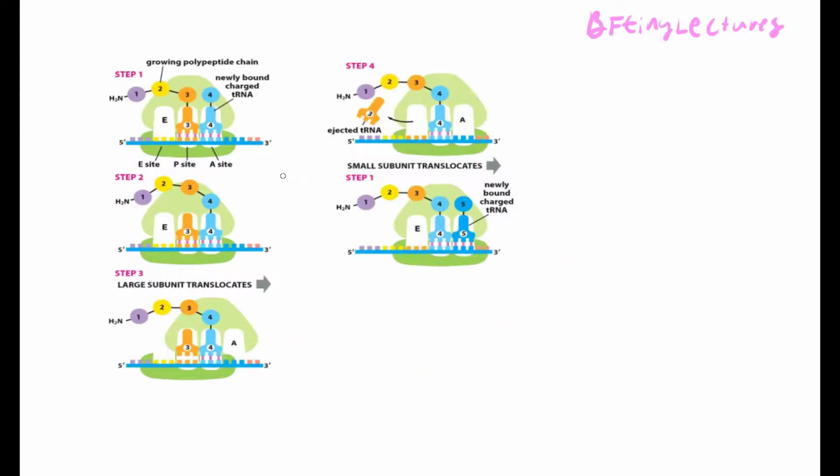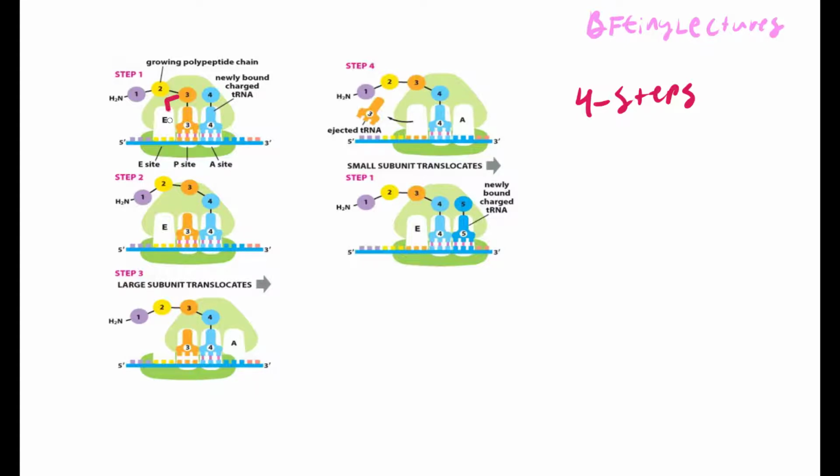And here we have the process taking place. There are about 4 steps to make an amino acid. Here we have the ribosome in its entirety. We have the large ribosomal subunit, and we also have the small ribosomal subunit. Here, the small ribosomal subunit has bound itself to the mRNA.